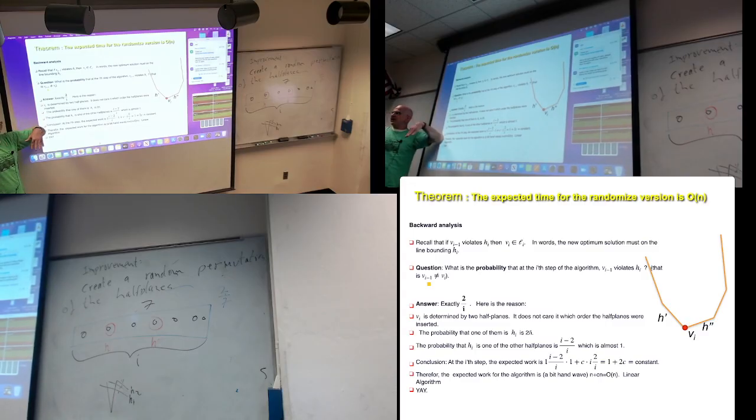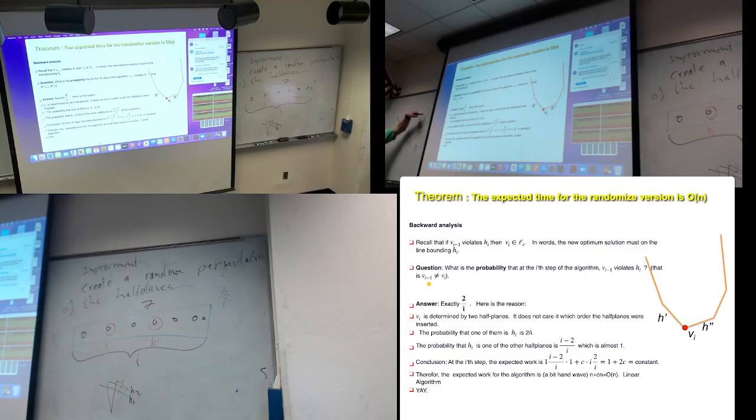If I was in one dimension and asking, you have n points on the line, y1, y2, y3, yn are all points. I am removing all of them, and now I'm putting them back in a random permutation. What's the probability that the last one that I'm adding is the largest one, the one that determines the optimum?